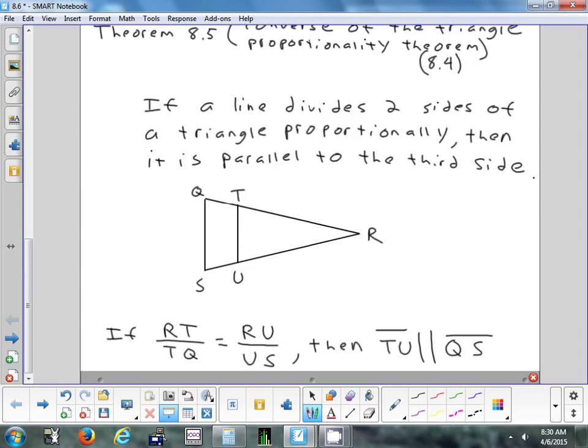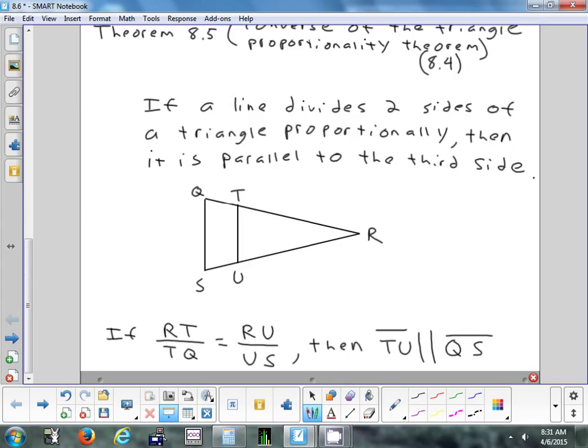And why we want to show segments are parallel is because then we can use parallel lines cut by transversals, and we can show angles are congruent, triangles are similar, all kinds of things like that. Okay, so again, for me, I think the picture and then the statement down below, that's the clearest thing you can look at.